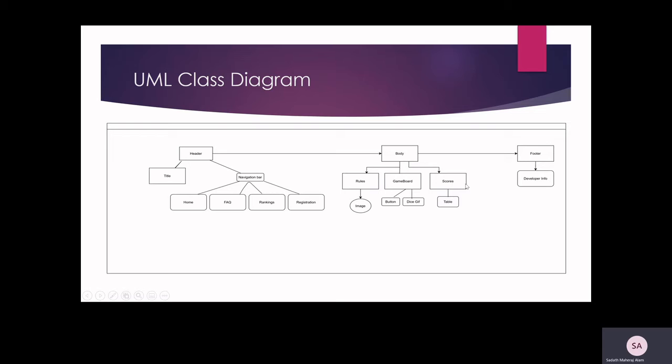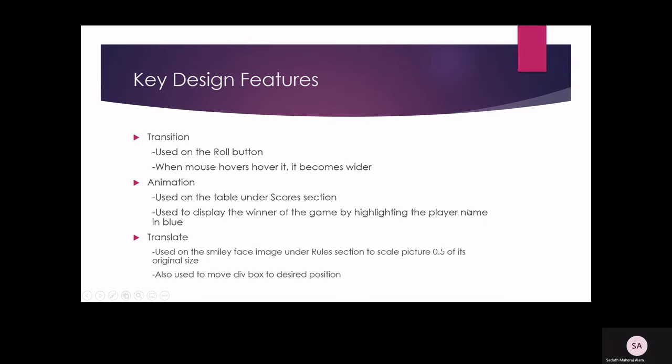And then on the right-hand side, there's a scores section, which is just a table with player names, player scores, and the number of turns that the player has left. And then we have the footer, which, as I said earlier, is just developer info.